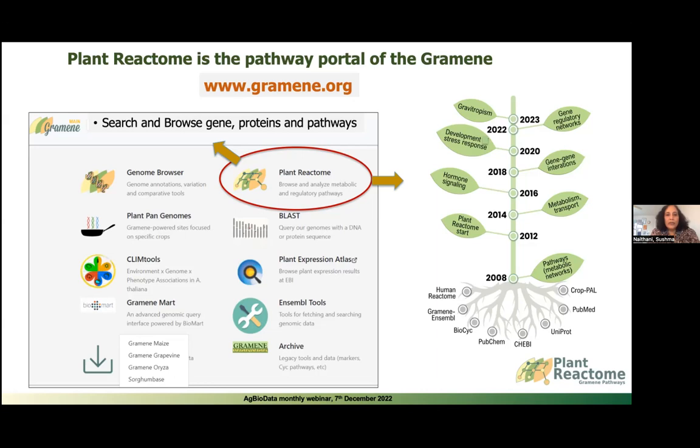So we looked into how we can use transcriptome data to create transcriptional networks, adding gene regulatory information into our existing pathways. And now, with a little funding from NASA, we are also looking into gravitropism pathways, how plants respond to gravity and microgravity environments. So this is a little bit about how Plant Reactome has evolved and what it offers.